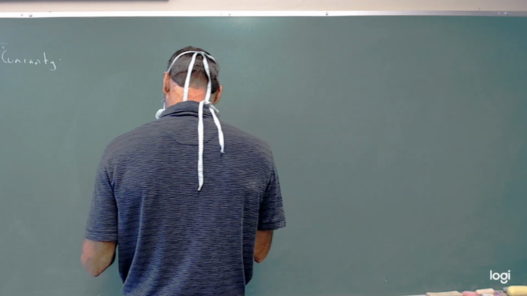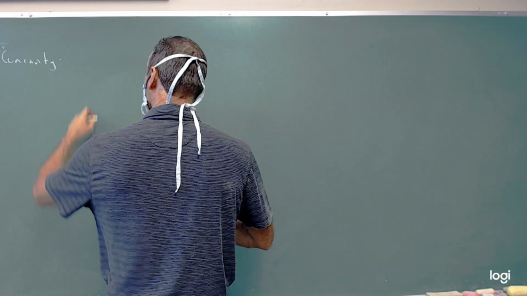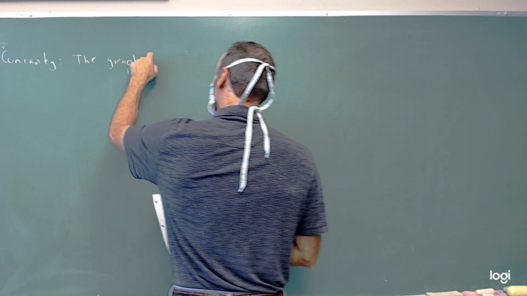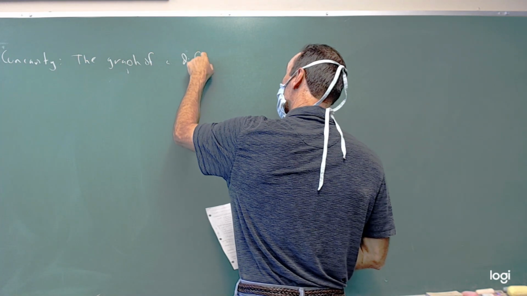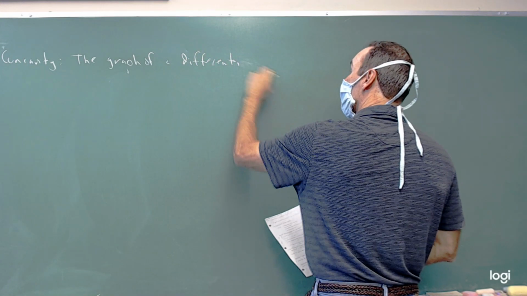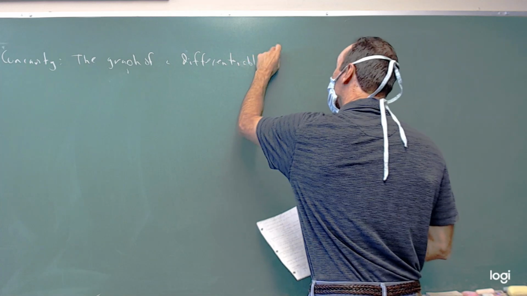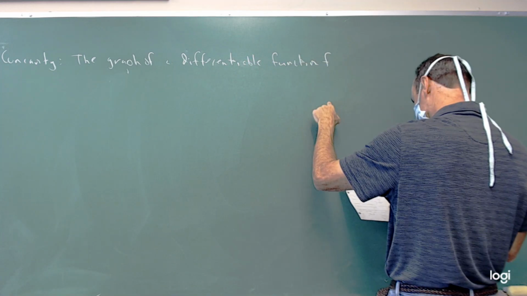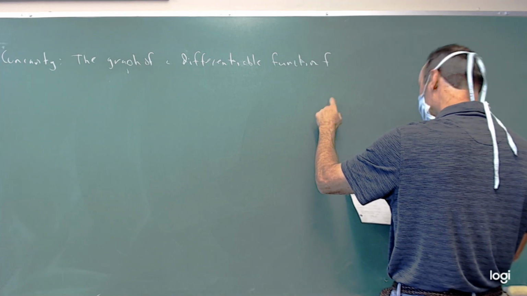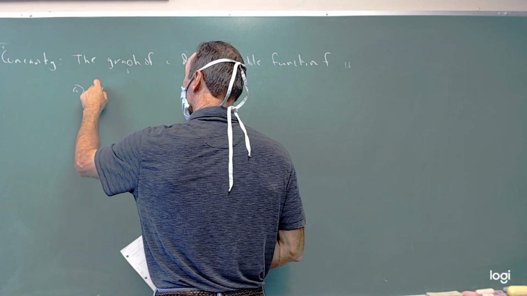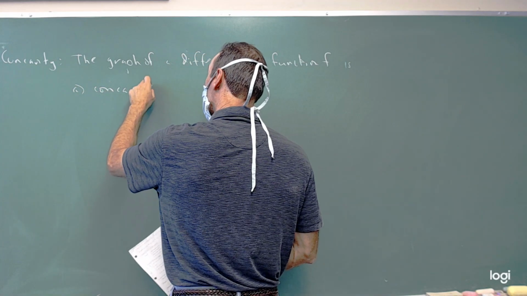The graph of a differentiable function f is, and we'll say part A, concave up.